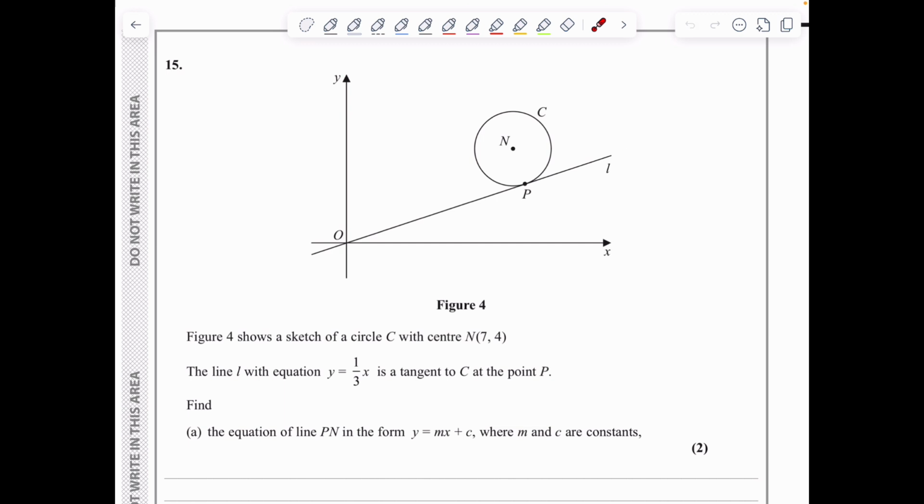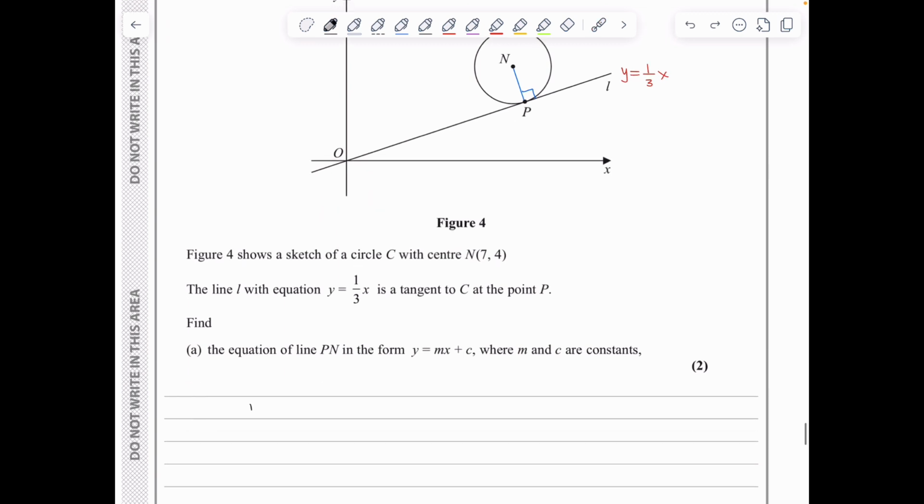We've got the line L with the equation y is a third x. If I join N with P, the radius there is making an angle of 90 degrees with the straight line L. Well, we know that the gradient of L is a third, and therefore this means that the gradient of the line PN is going to be minus 3. So I flip and I change the sign to find the gradient of the perpendicular.